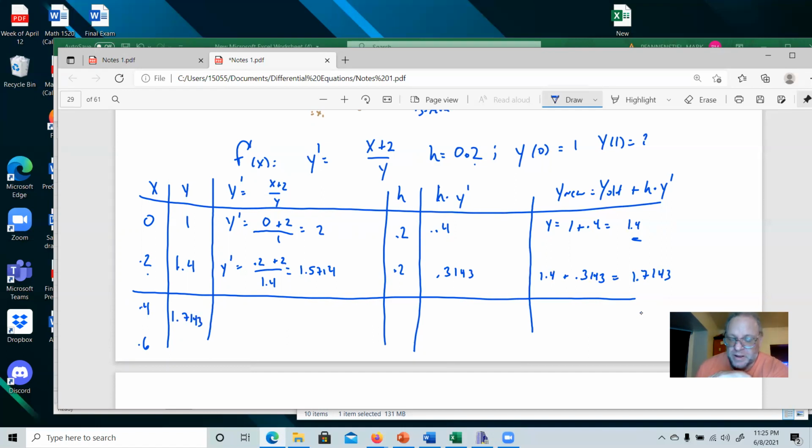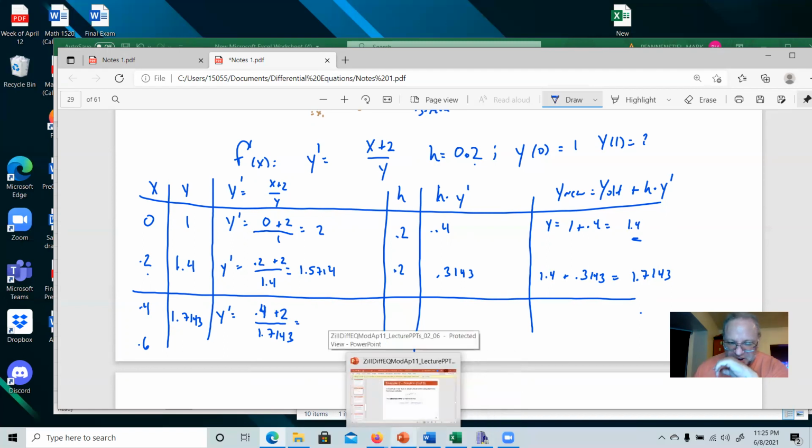Okay, Y prime, our slope, was equal to 0.4 plus 2, divided by 1.7143. See, I told you this was going to get to be fun.